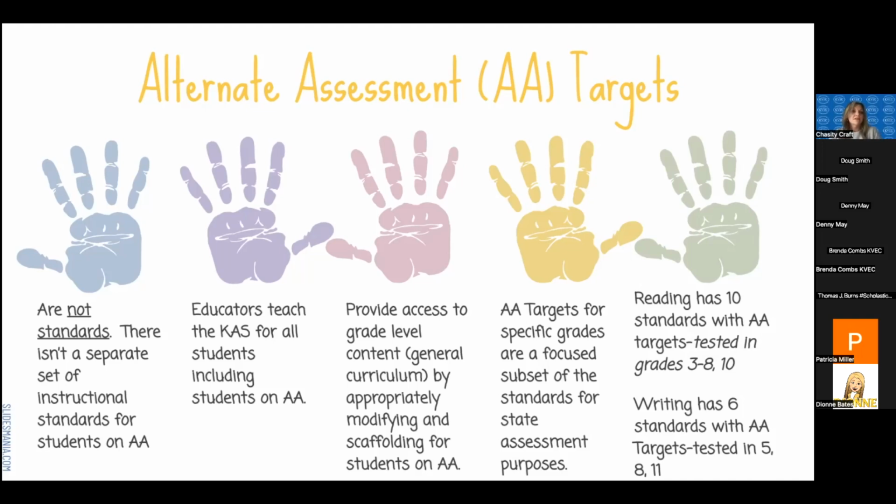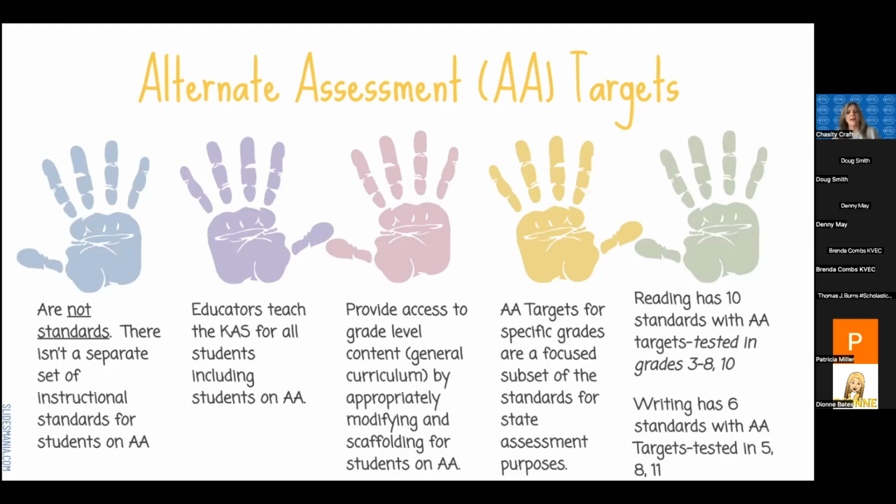The teachers teach, like I said earlier, the Kentucky academic standards to all the students, including students that are on alternate assessment. And then what you do is you are going to modify and provide scaffolding instruction and do little things that are going to help your students get access to that general curriculum.